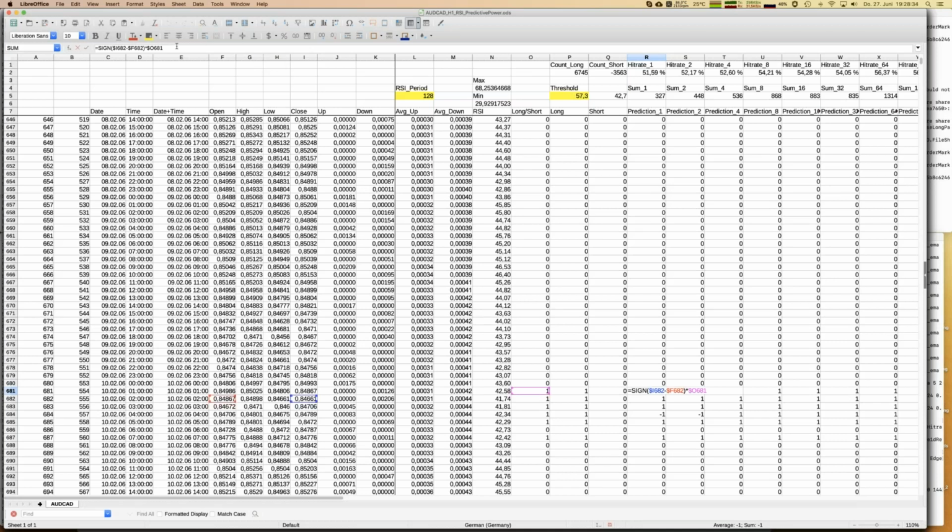What I simply do here is I go into the next row, subtract that value minus that one here, times the sign, because it's a long trade, and then finally I get a sign. So in this case, the prediction going long with one candle trade duration would be minus, meaning wrong. So we would have been on the wrong side.